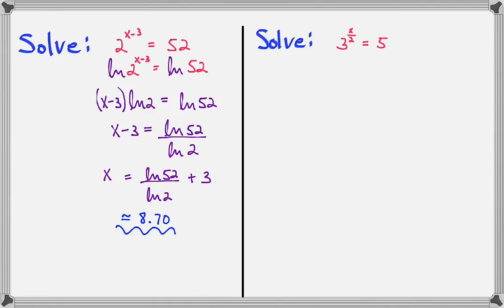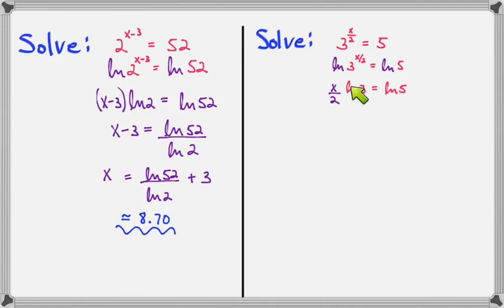Let's solve 3 to the x over 2 equals 5. Now 3 and 5 cannot be written as the same base. So we will simply take the natural log of both sides and then use our power rule to move that exponent down to the coefficient spot.